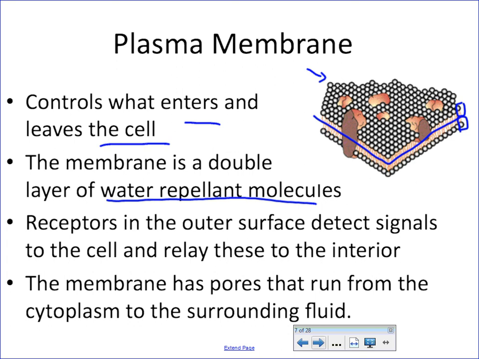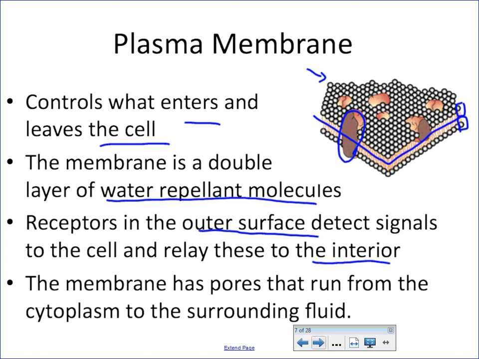So taken together, this creates one membrane. And then embedded within the membrane are these large globular type molecules, which are proteins, which can act as receptors to the outer surface, which will detect signals to the cell and then relay these to the interior.